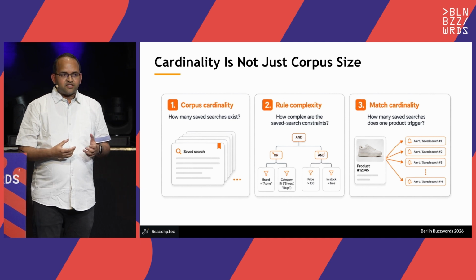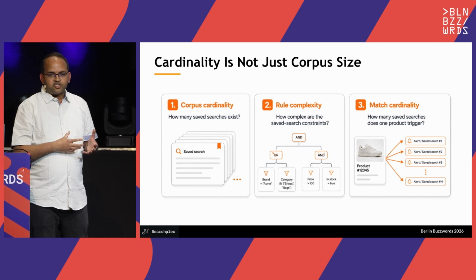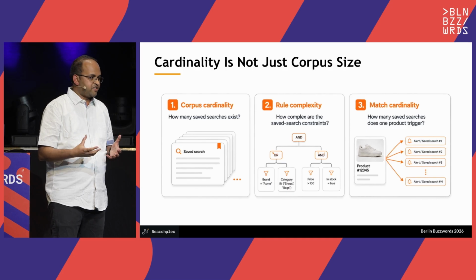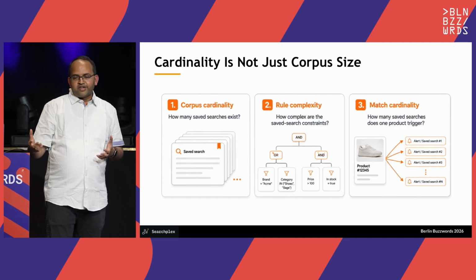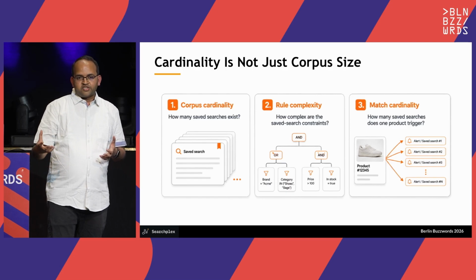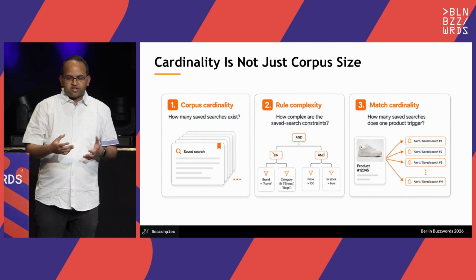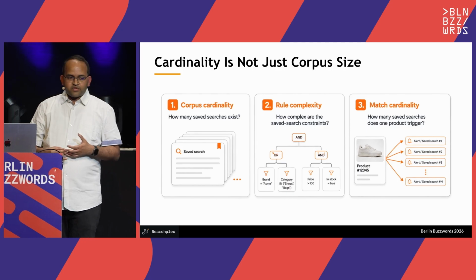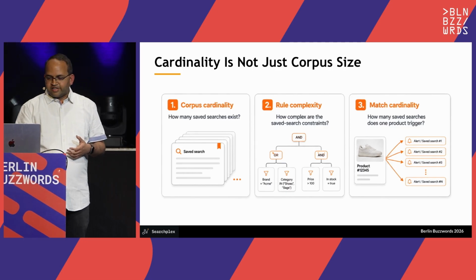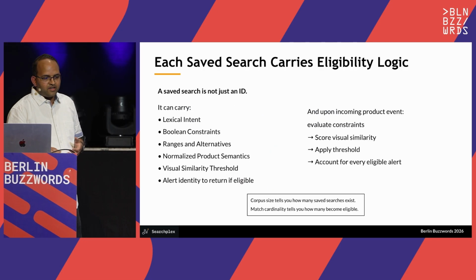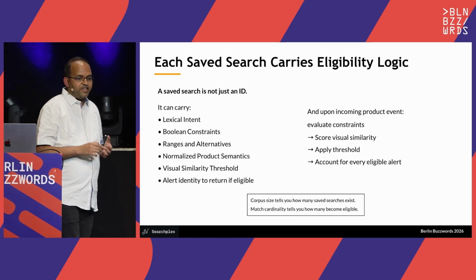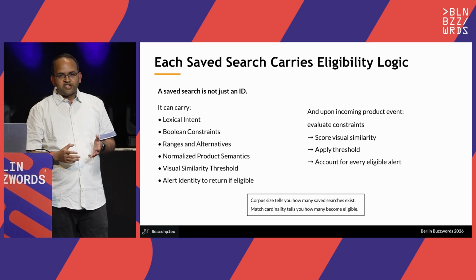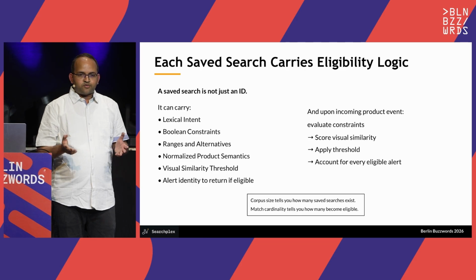The third part is, after the eligibility of match or no match is determined, how many saved searches it is bringing out of that step. That's the third important part. So cardinality is decided there. And for each saved search, it is doing two types of role.